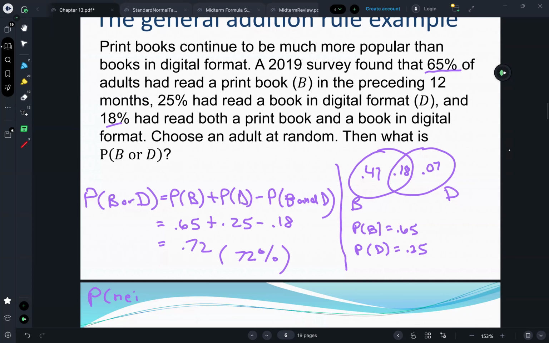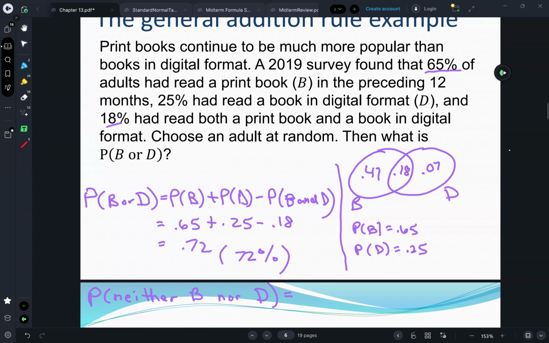What if we wanted to know neither B nor D? What's the probability that they've read neither a print book nor a digital book? Okay, so the probability that it's B or D, you're close.